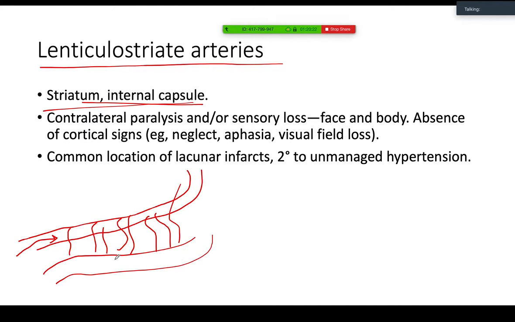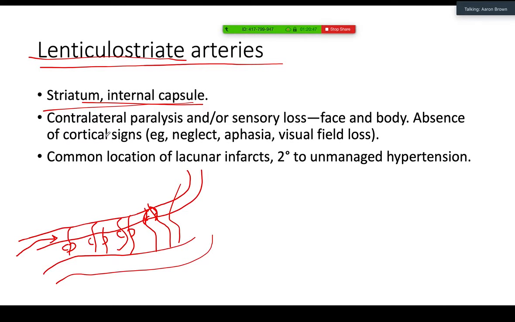Now, the problem here, and why we talk about lenticulostriates so often, I feel like I'm a broken record now, but we can have these Charcot-Bouchard aneurysms here, giving us those lacunar strokes, and if it's severe enough, we can actually start to have hemorrhage. But if it's just a lacunar stroke, that is just going to cause an area of small ischemia.